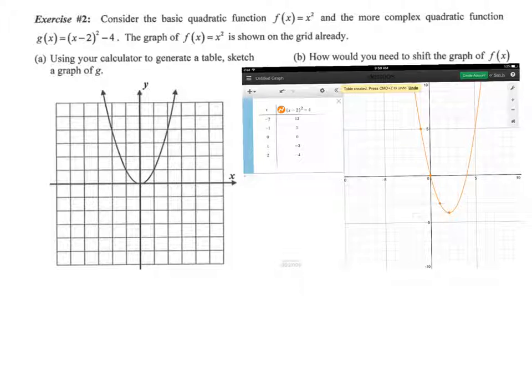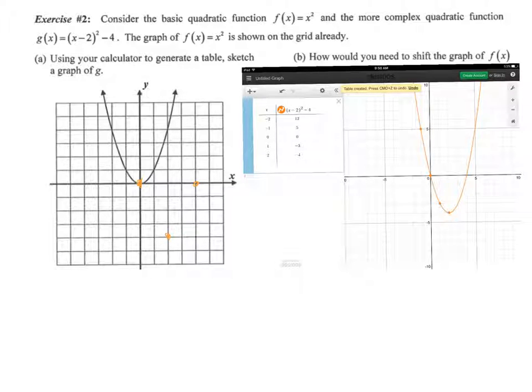The table itself is kind of hard to read because it doesn't show the symmetry, so I'm going to actually use the graph itself. There's one point at 0, 0. The next point that goes through the x-axis is at 4, 0. And it looks like the turning point is at 2, negative 4.